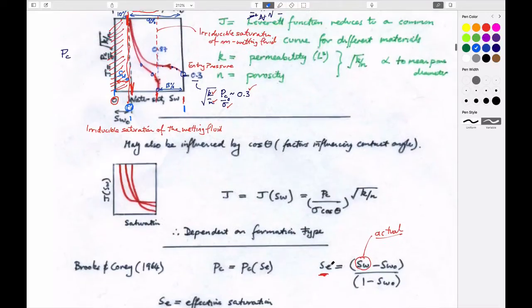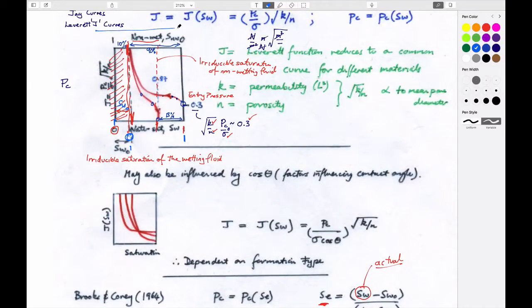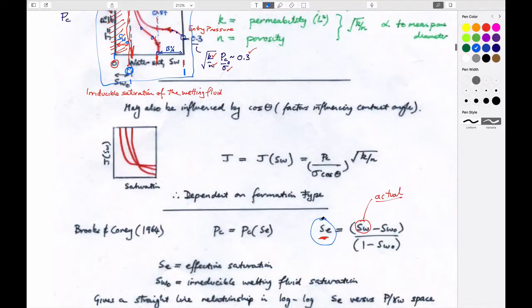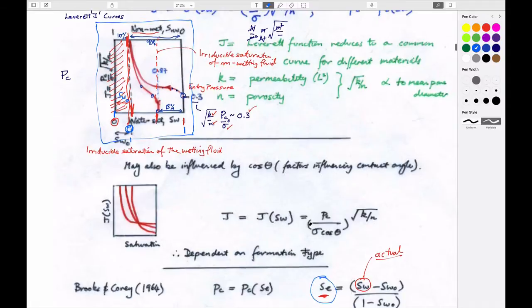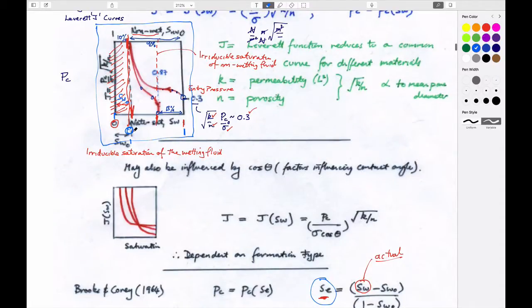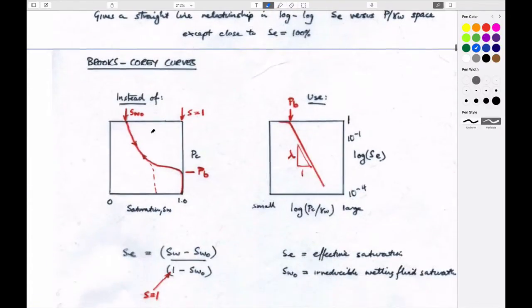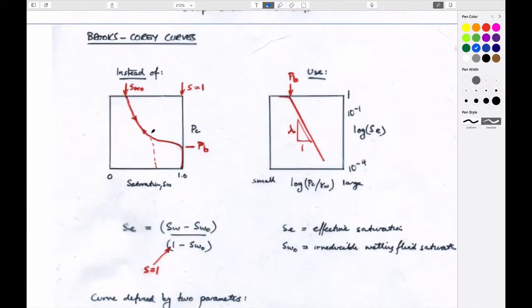So if we take exactly the same data that we have here on this figure, and we plot it in terms of effective saturation, and instead of plotting it in this form, we plot it as a log pressure versus a log saturation, then we get curves that look like this. We take a curve that was this, which is the ones we've just looked at, the drainage curve, right?